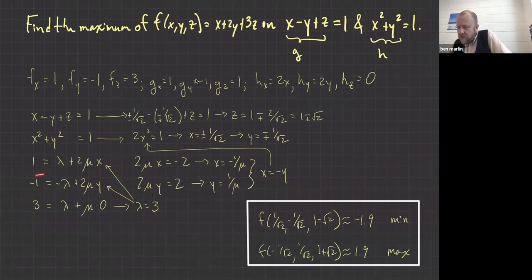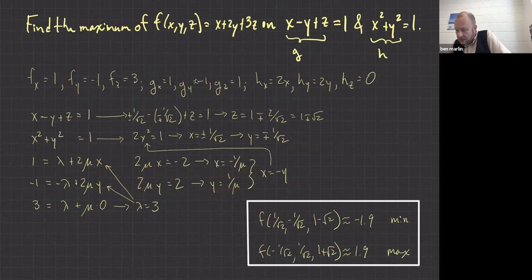So this one here turns into now 2 mu x equal -2, and then 2 mu y needs to be equal to +2. Well, gosh, that says that you can solve for x and solve for y in terms of mu, and since you get the negative of each other on that, then you've got your x needs to be equal to -y.